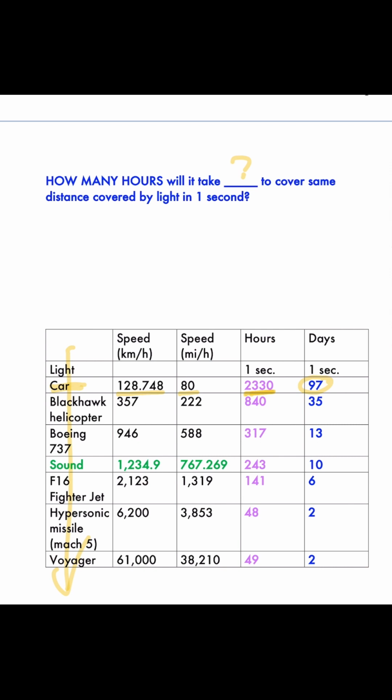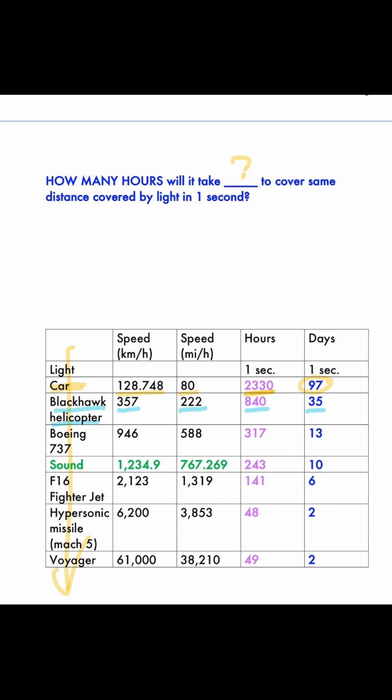What about a Black Hawk helicopter? Black Hawk helicopter speed is 357 kilometers per hour, which is 222 miles per hour. It will require 840 hours to cover the same distance that light covers in 1 second, which means it will require 35 days. That's slightly more than 1 month of the helicopter continuously traveling.